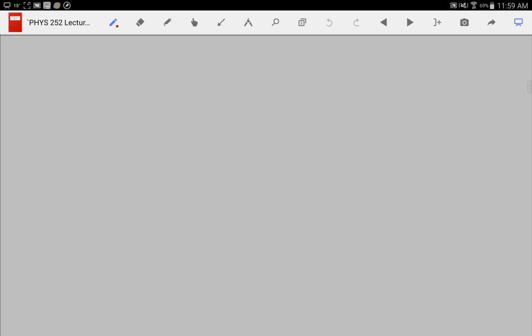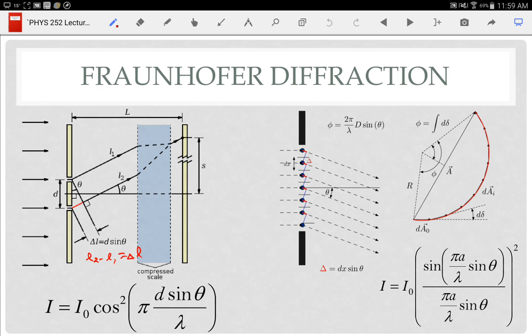Now, the single slit derivation is taking these ideas but going to a continuous range. If we have a continuous range and we have to add the electric fields from a continuous range, that is an integral. And how do we do our integral? Graphically.